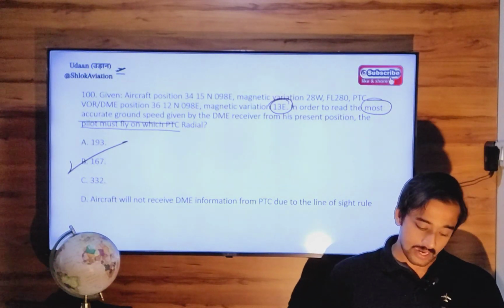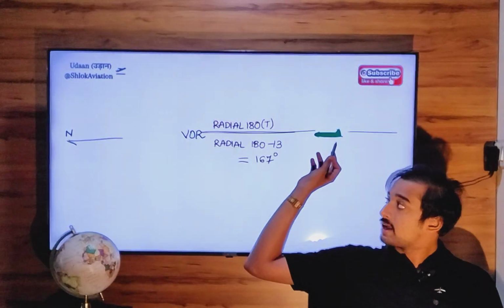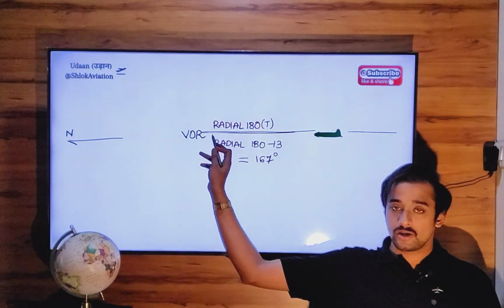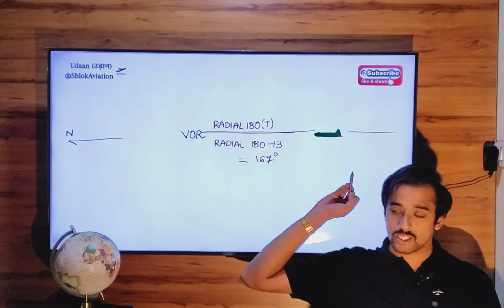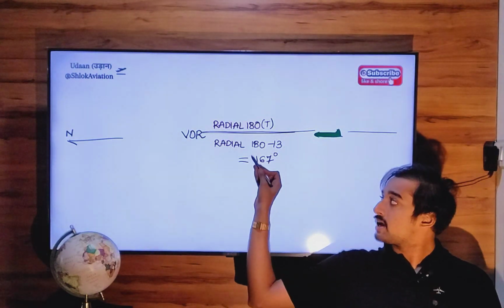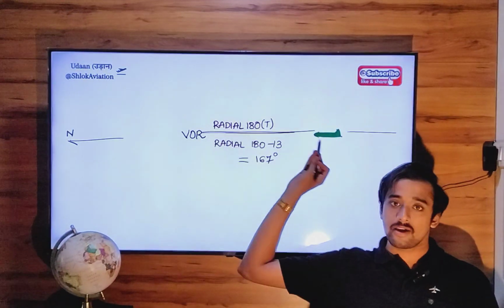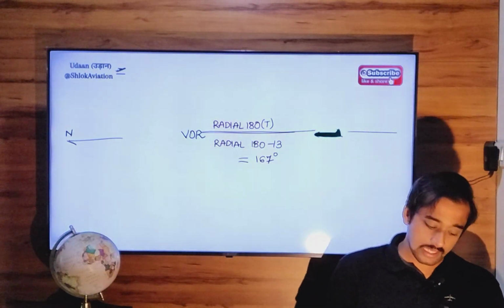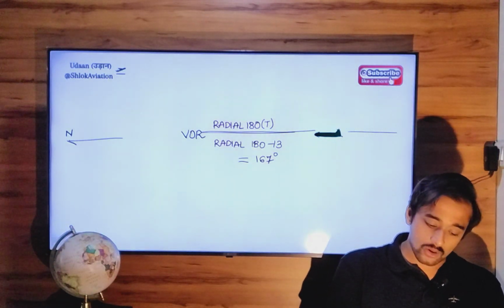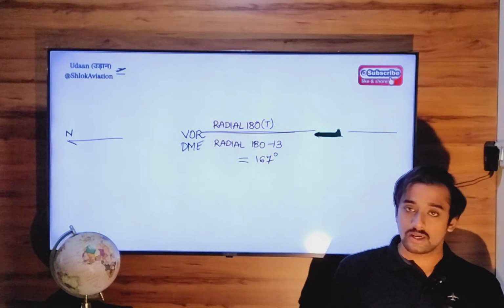Okay, directly airplane directly flying towards the VOR station or directly away from the VOR station, and that radial will be radial 167, which will take aircraft to the VOR or away from the VOR station. Now in this case, VOR and DME are co-located. Okay, so remember that.